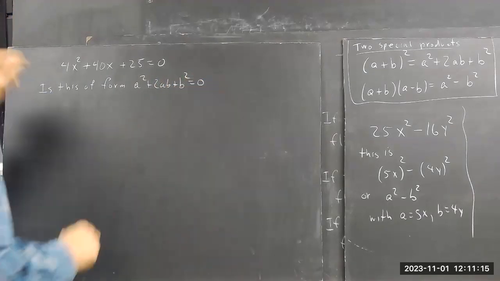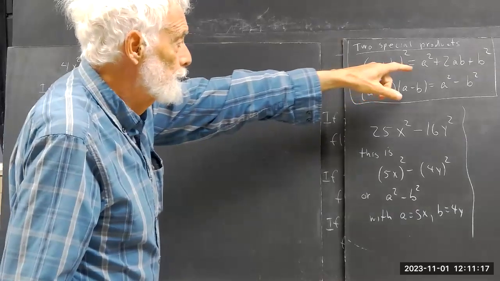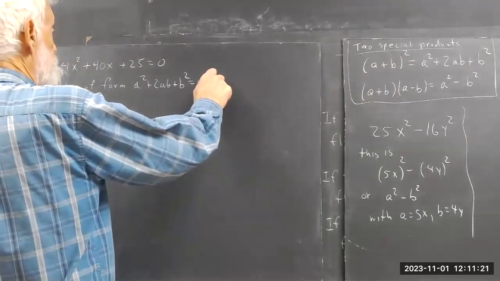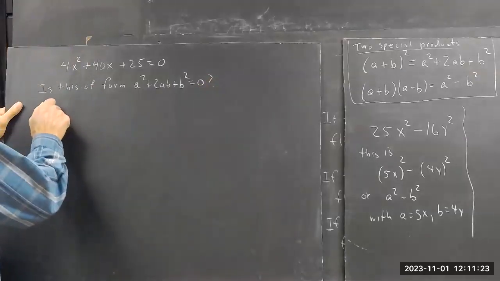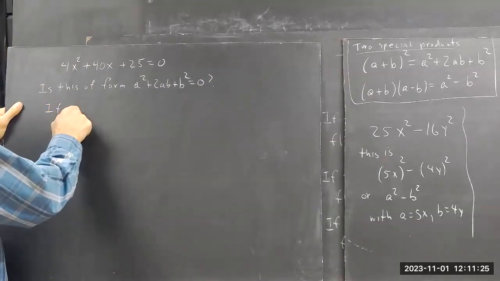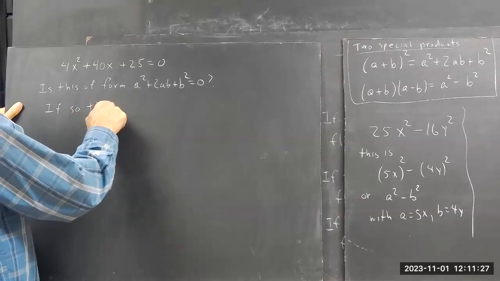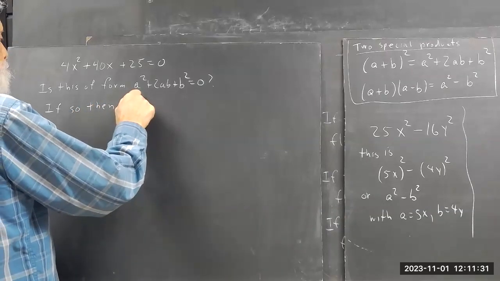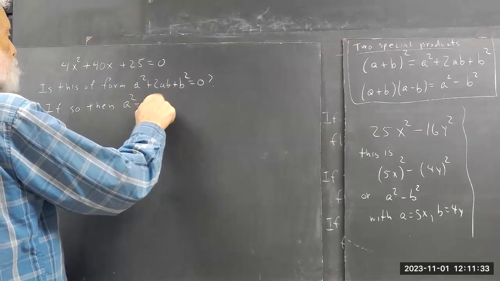Okay. Now, is this in the form a squared plus 2ab plus b squared equals 0? If so, then a squared equals 4x squared.